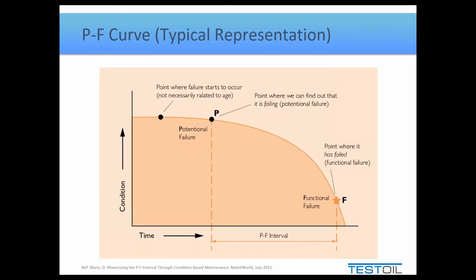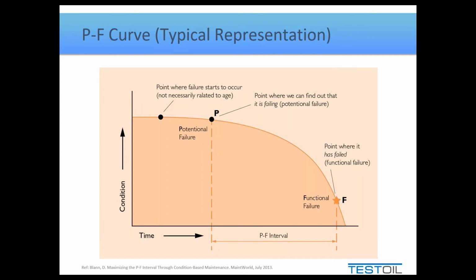With the PF curve, they said there's a condition to every piece of machinery, and it starts nice and high and deteriorates over time, but at some point there will always be an inflection, a no-turning-back point, where once it surpasses that, it's going to eventually go to a complete functional failure. They defined the interval between when you could first detect it and when it would ultimately fail as the PF interval, named after the potential and functional failures.